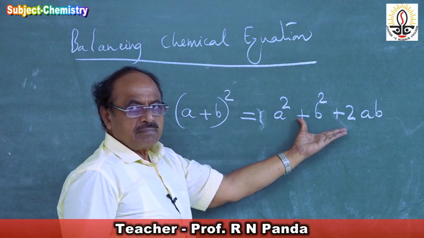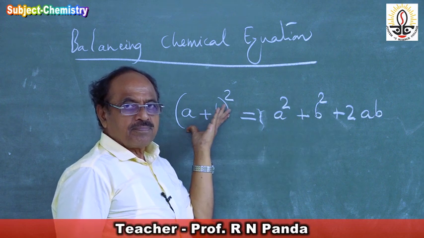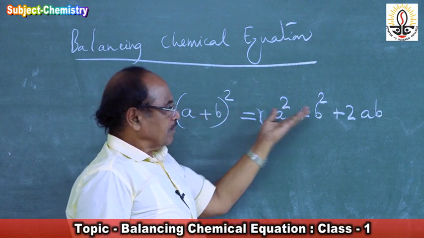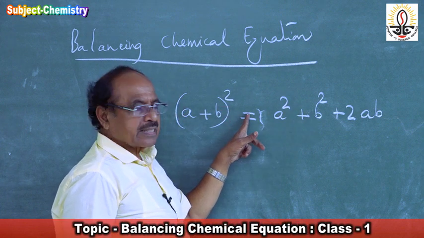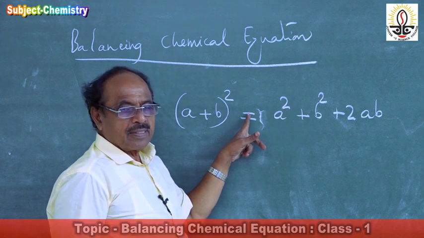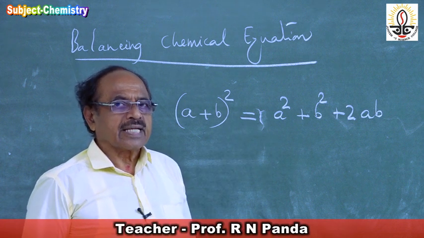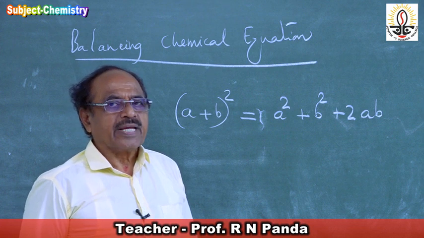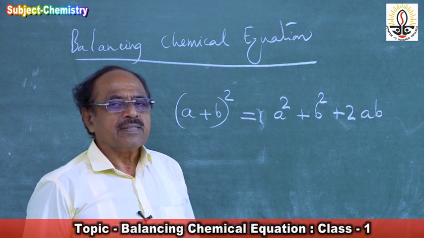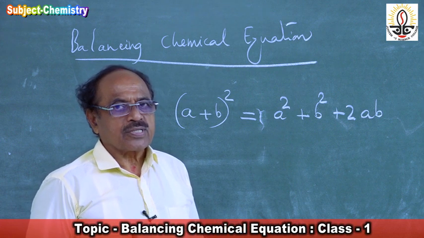This is one term, this is another term, and they are equal, so we are writing a sign of equality between them, so we call this an equation. Equation is an expression which explains the equality between two terms.